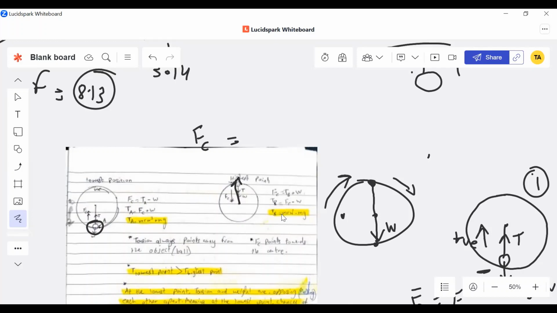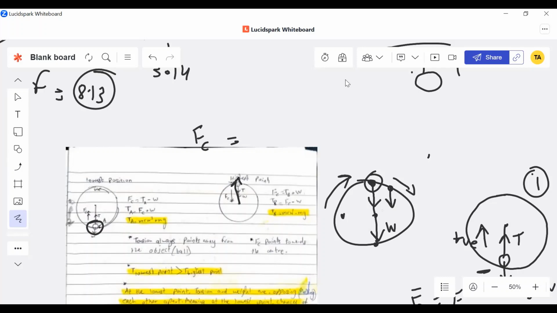Can someone tell me in the chat? Will tension be up or down? Tension would be down. Yes. Why will it be down? Tension would be down because tension always points opposite to the object. In this case the object is here, so tension will be in the opposite direction, so tension is downwards.